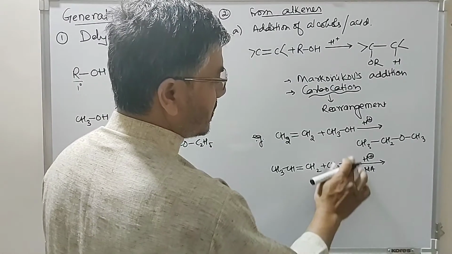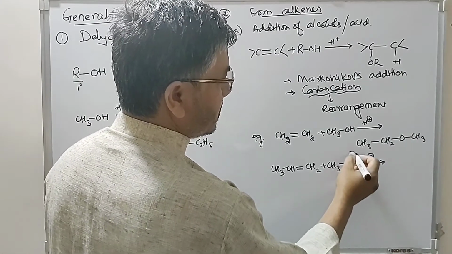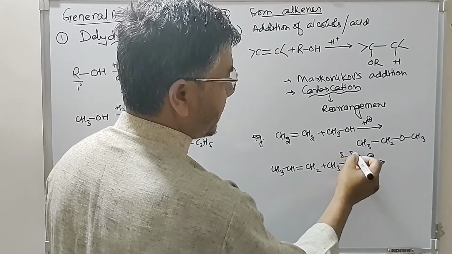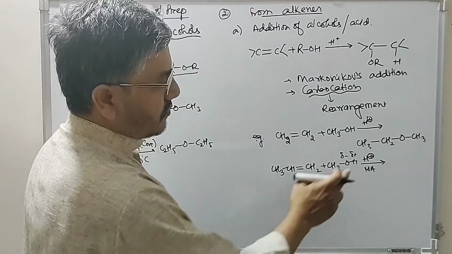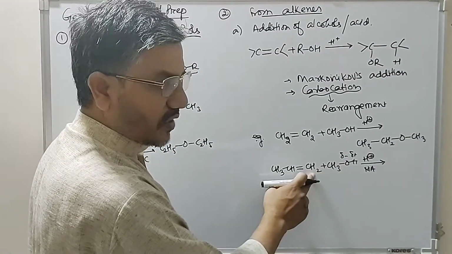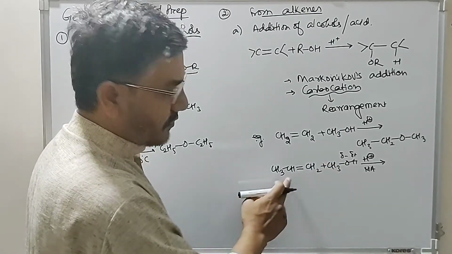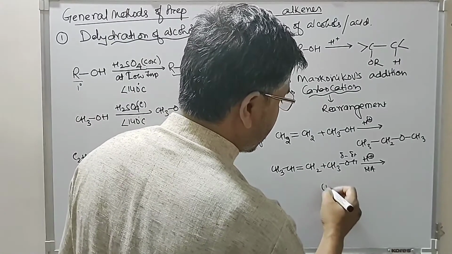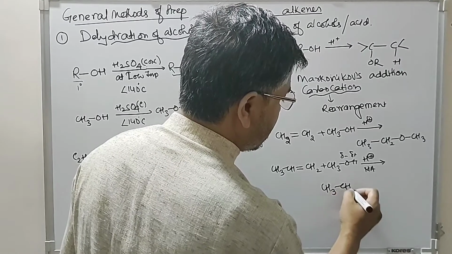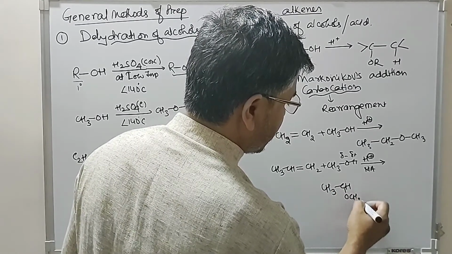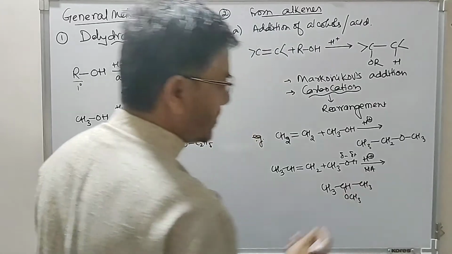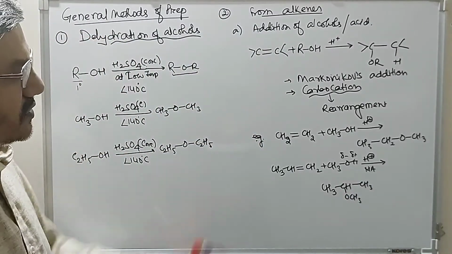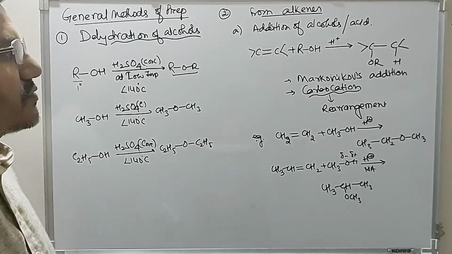So if you look at this, this is the positive part, this is the negative part. The rule says the positive part goes to the carbon with more hydrogens, the negative part goes to the carbon with fewer hydrogens. So the product is CH3CH(OCH3)CH3. So this is the Markovnikov's addition.